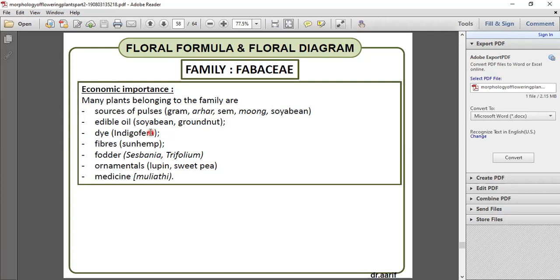In the initial days during the British reign, it was compulsory for farmers to cultivate this plant. The problem is that the harvest of this plant is a dye and farmers cannot eat it. Britishers were not paying enough money for their cultivation and harvest.